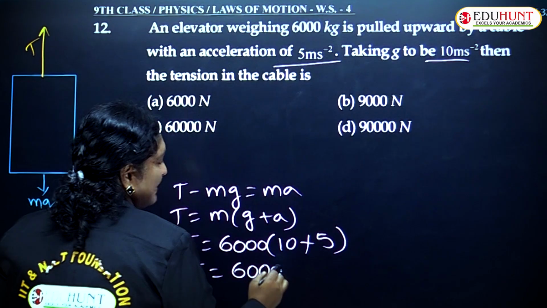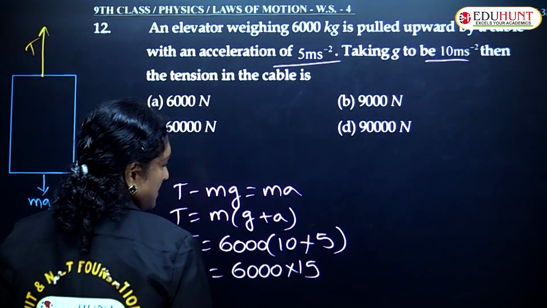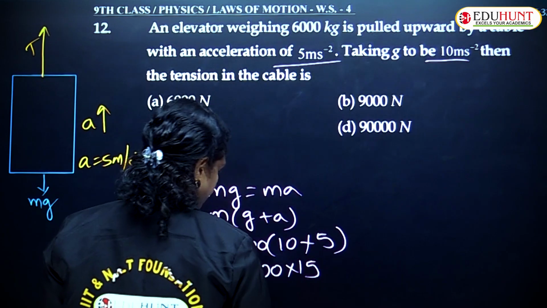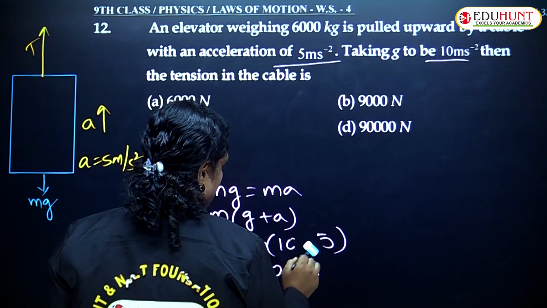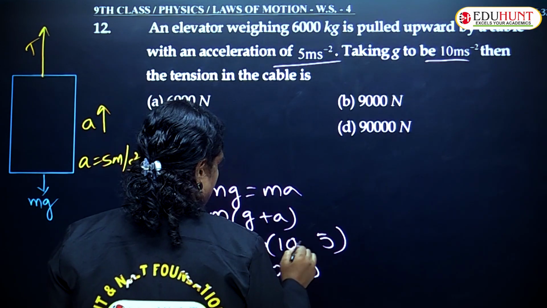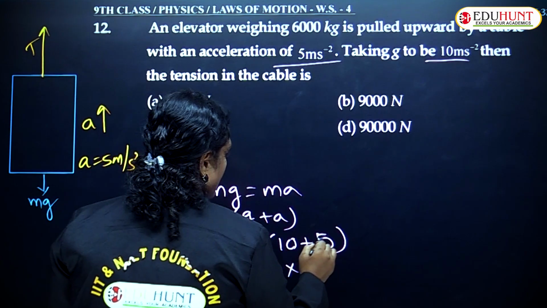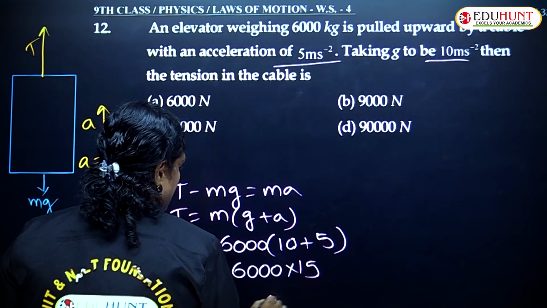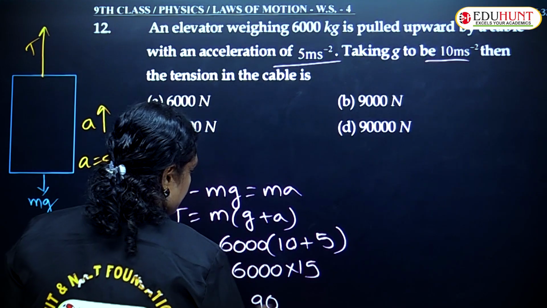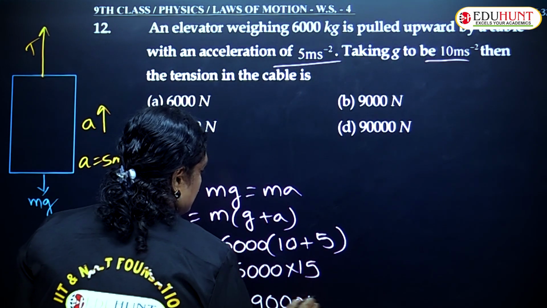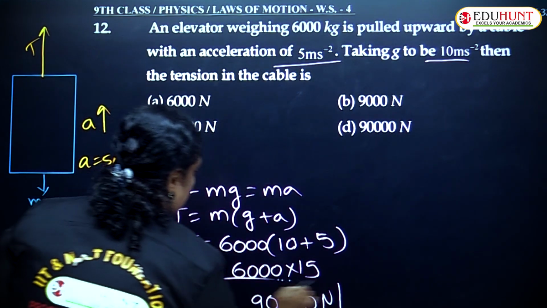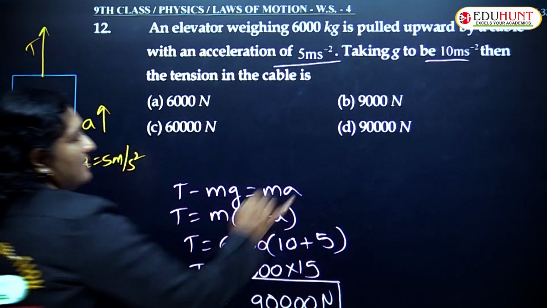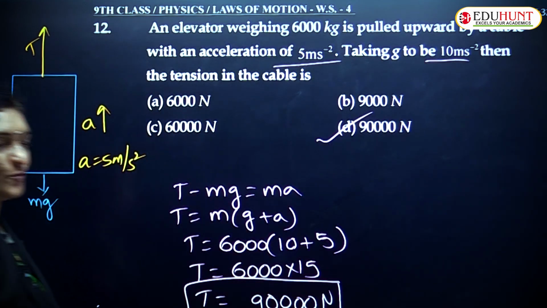Hence, the value will be 6000 into 15. So what is the value of 6000 into 15, children? 90,000 newton. Hence option D must be true.